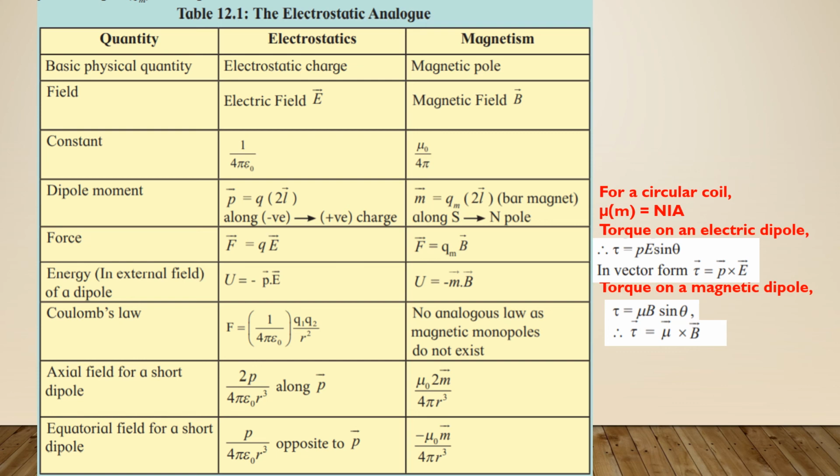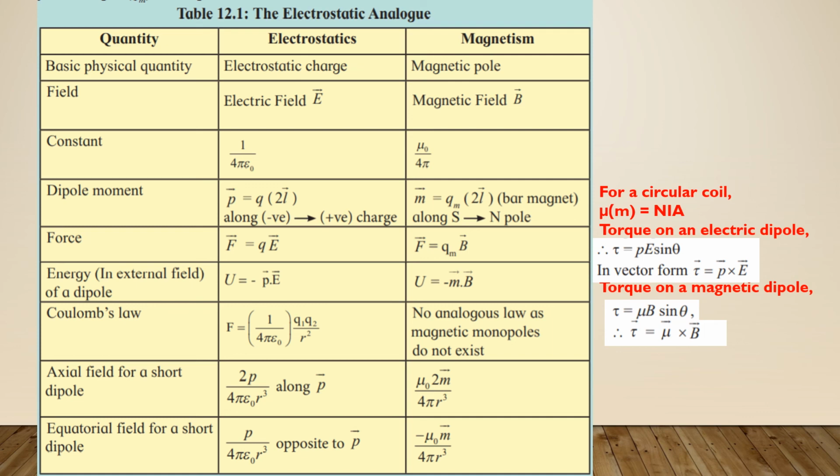Further, I have added the formula for torque acting on an electric dipole as torque is equal to P bar cross E bar, or magnitude wise it is PE sin theta. Similarly, torque acting on a magnetic dipole is given by torque is equal to mu bar cross B bar, or magnitude wise mu B sin theta.